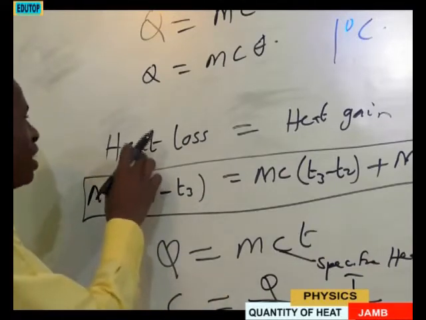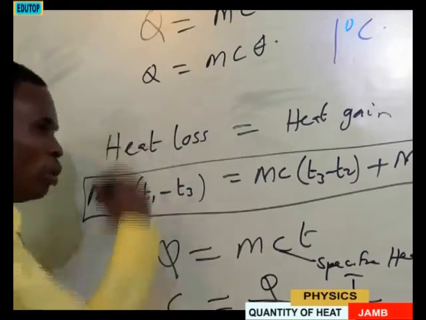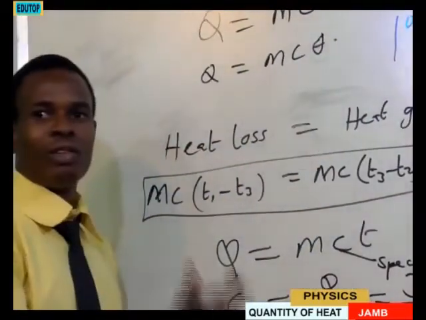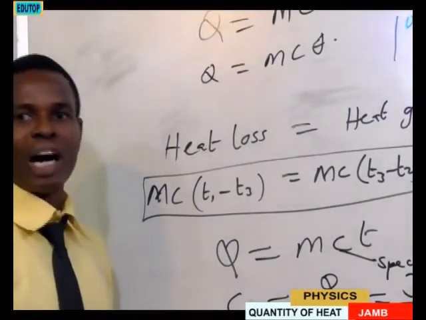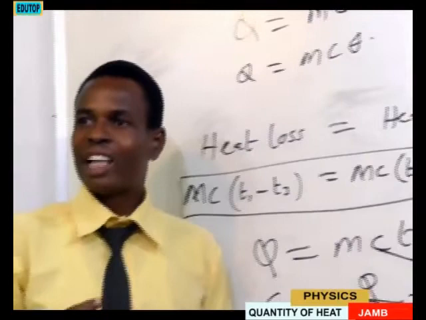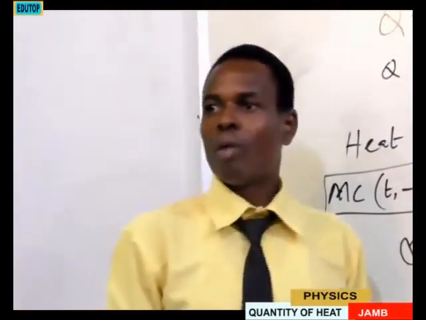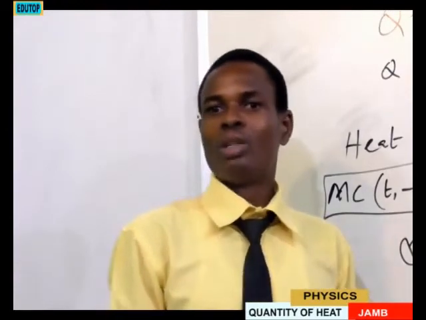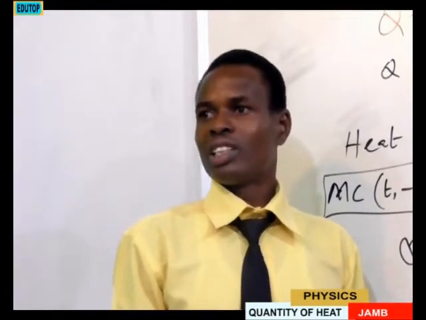Then the one that had the higher temperature, the temperature will be low, because it has transferred that heat to the body at low temperature. So all heat is supposed to be passed totally from a body at high temperature to a body at low temperature. Let's take note of that.